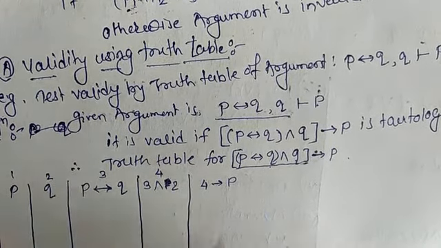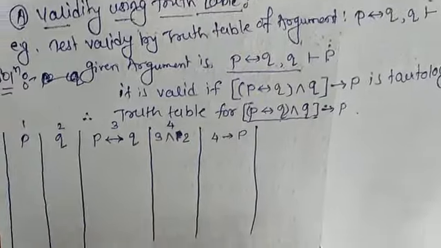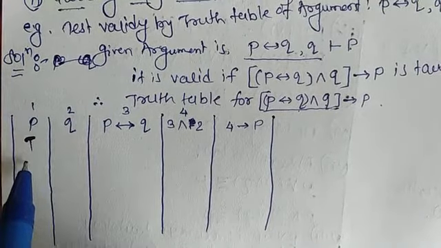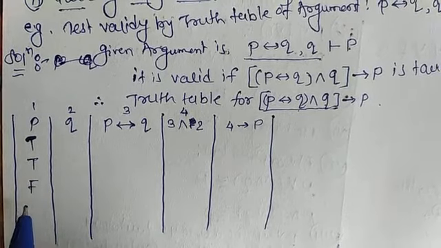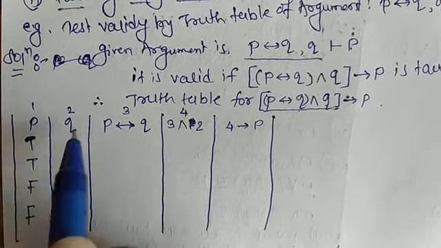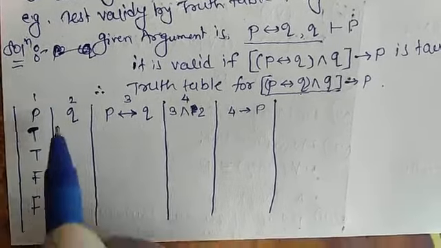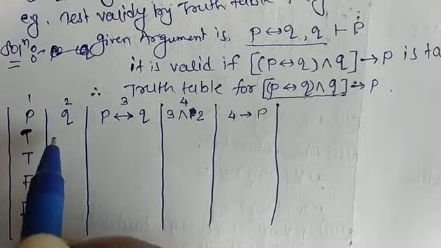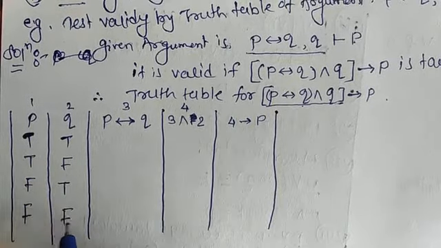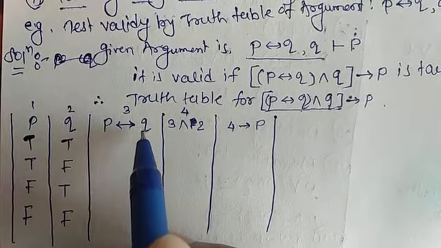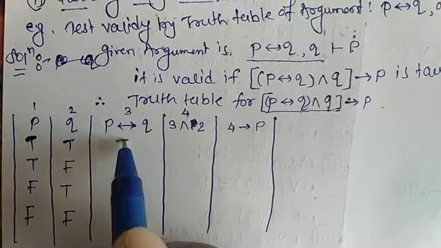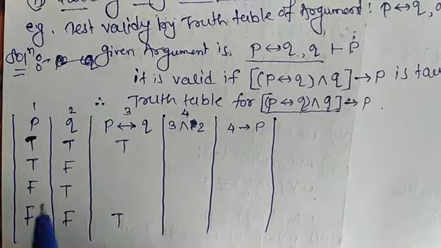In the standard form, the first two columns are true, true, false, false. In the second column there are only four possibilities for two statements, so for Q it is T, F, T, F. P → Q can be found from this: for both true it is true, for both false it is true, otherwise it is false.